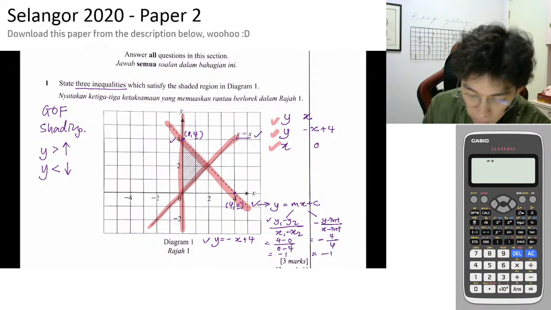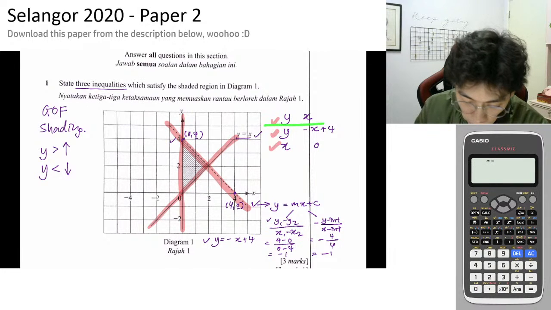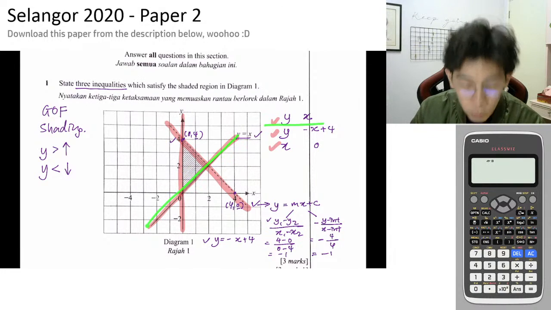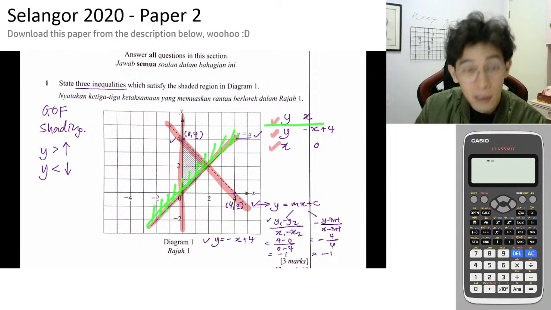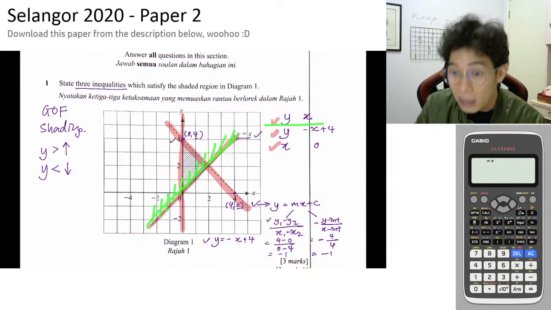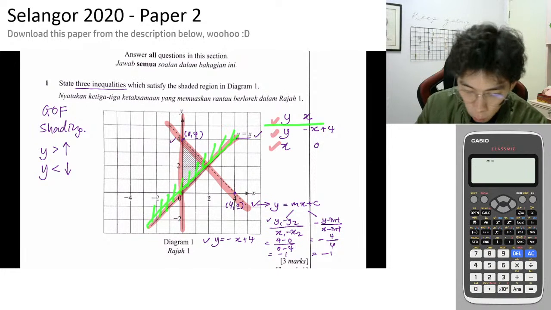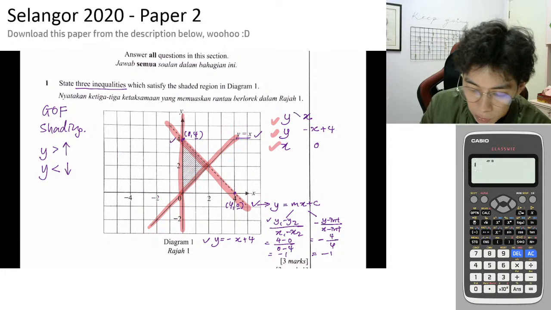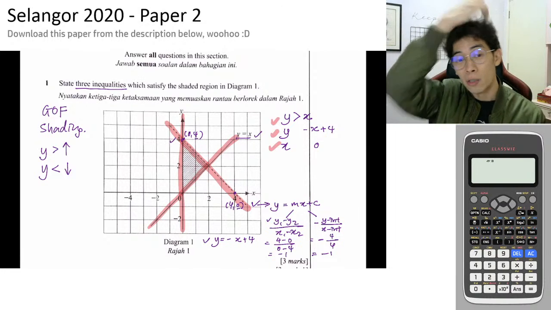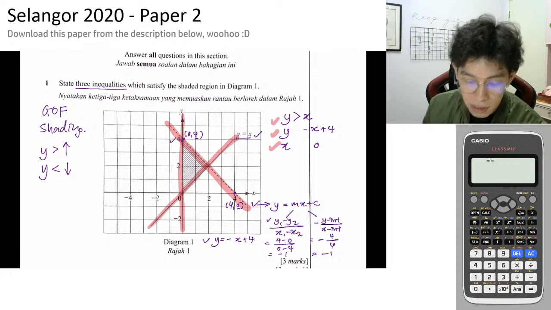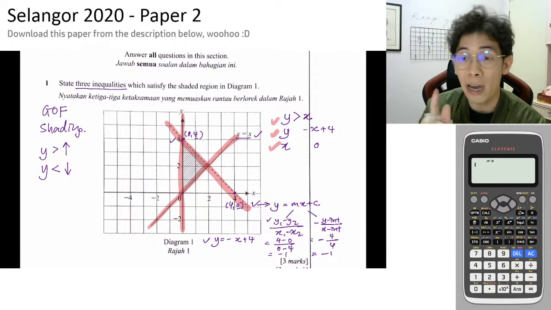Let's check out this one first. Do you notice the shading? It's on top of the line. And I say y greater goes up, right? Can you see y pointing at x? So when y is greater than x, you know that already, and check out the line.